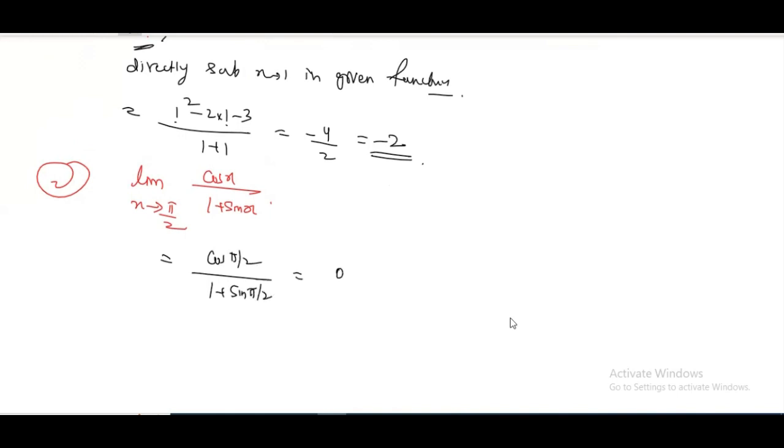Cos pi by 2 is 0, and 1 plus sin pi by 2 is 2, so it is 0 by 2, which is 0. This is a determinate form only. The answer is 0. This is the way we can find the limiting value of a given function. Hope you understand clearly how to find the limit of a given function.